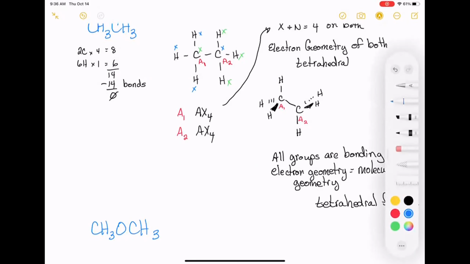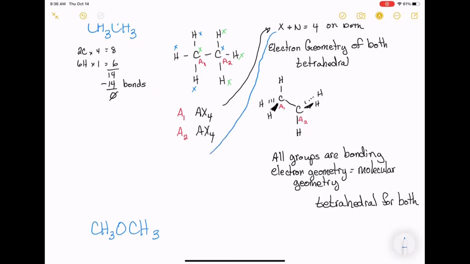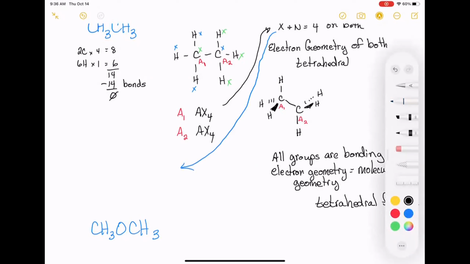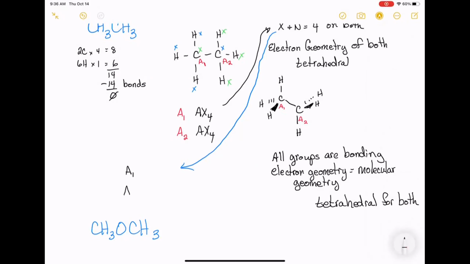Going back to our X plus N, we need 4 things. So for both A1 and A2, it would be sp3 hybridized. Because they both had to equal 4.